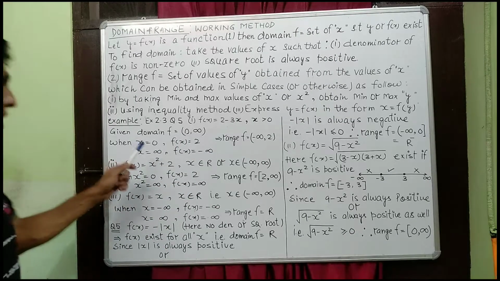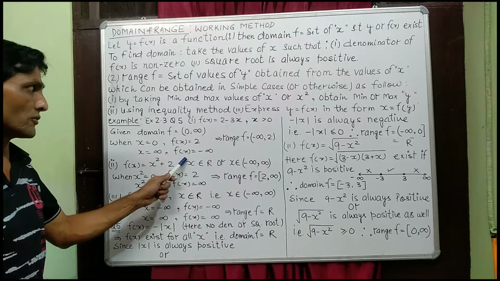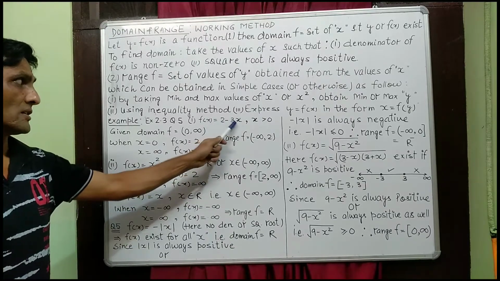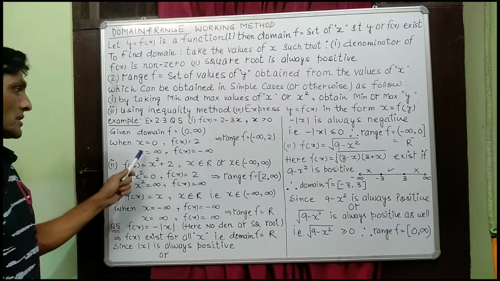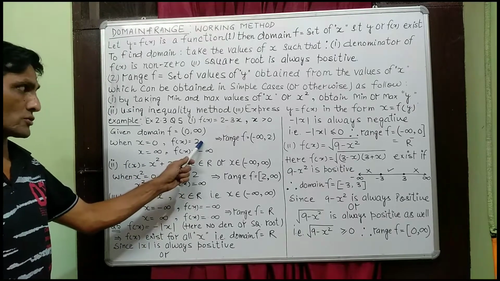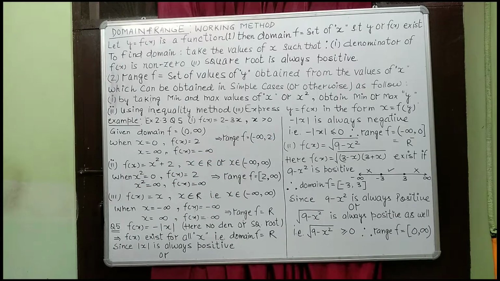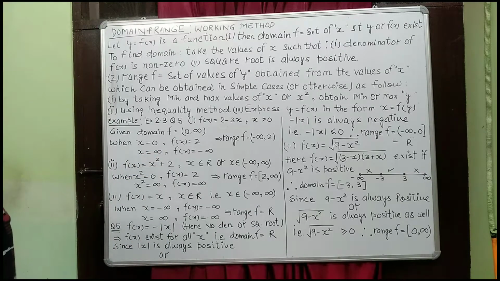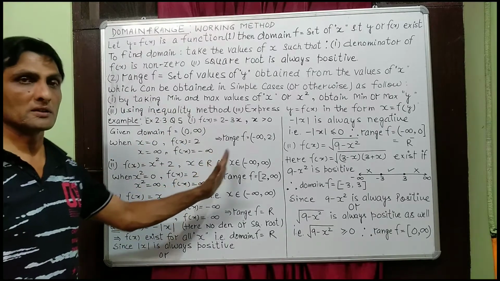When x is infinity, the value of the function will be minus infinity. So the range is (minus infinity, 2), both open, because these values of x are not included, so the values of y obtained are also not included.